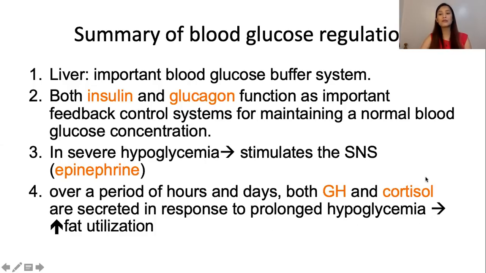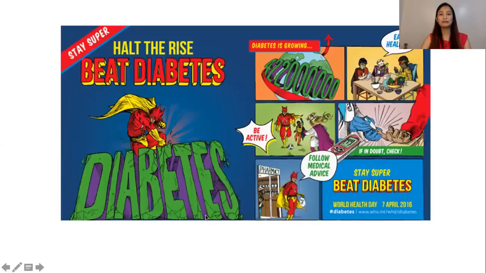Growth hormone and cortisol promote fat utilization, and the breakdown of fat produces free fatty acids, which are eventually used as gluconeogenic precursors to produce glucose, raise blood sugar levels, and resolve the hypoglycemia.